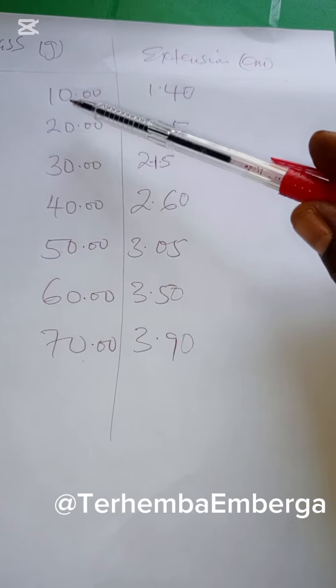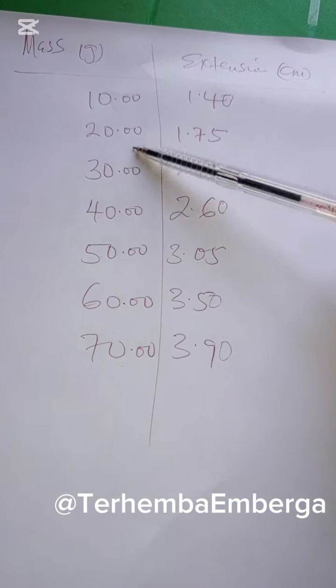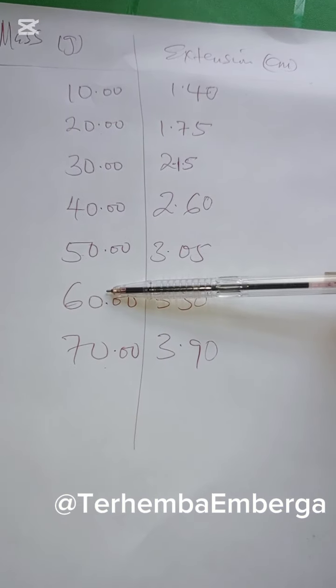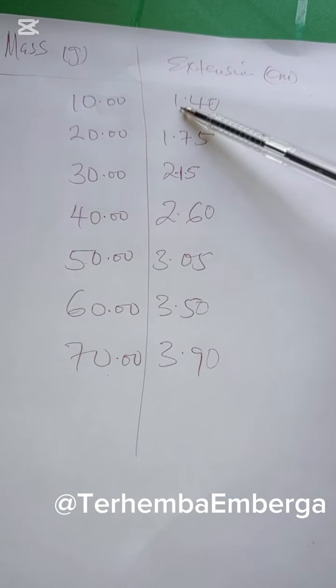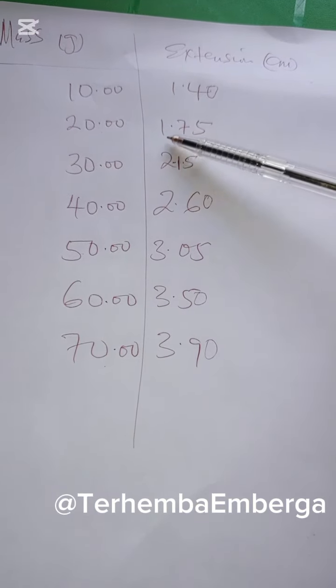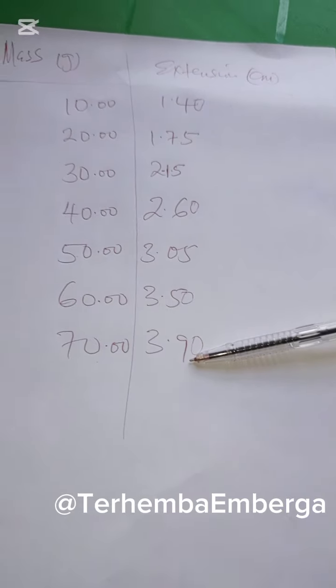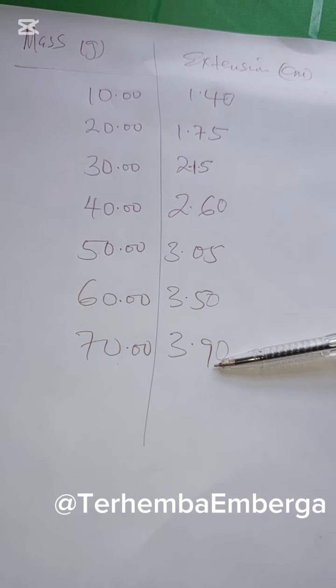And if you look at this, we have maintained a uniform number of decimals, 2 decimal places. It's not like you come and say 1.4 here, 1.75. The number of decimals should be uniform. That is a proper thing to do.